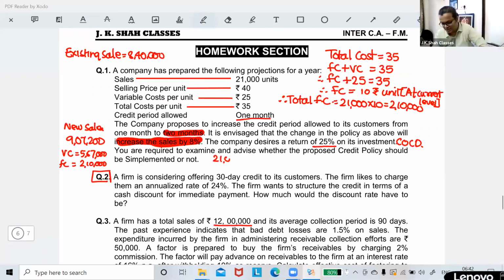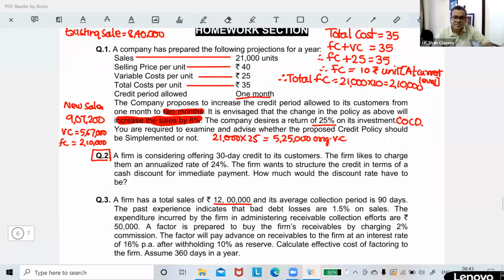If you multiply this, you get 21,000 into 25, which is 5,25,000. So this 5,25,000 is your original variable cost. Then what you do? Sales increase by 8%, so this will also increase by 8%. So I did into 8% and plus. So I got the new one as 567. Simple.